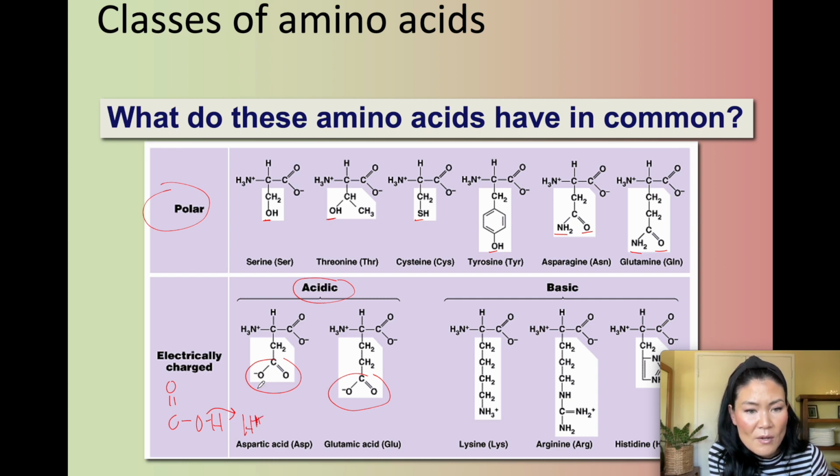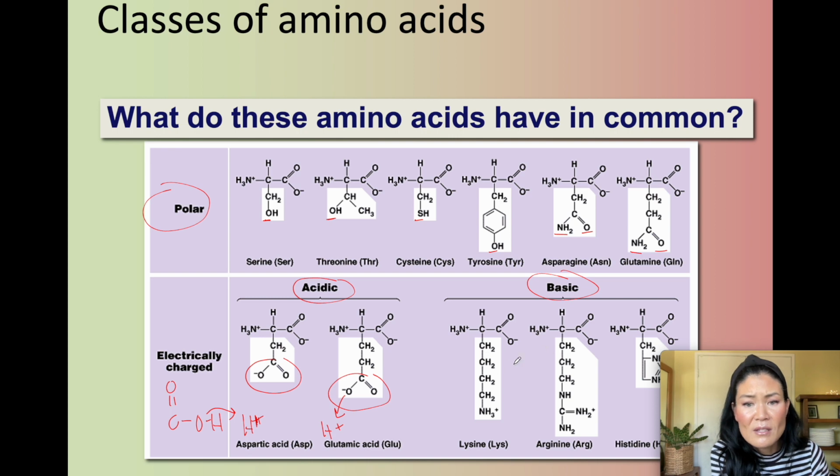Therefore, that carboxyl group, okay, maybe I'll draw here, has lost the H+, releasing the H+ into the solution, increasing the H+ concentration in the solution, making it more acidic. So these two amino acids are considered to be the acidic amino acids because they release their H+ into the solution. It's lost from the carboxyl.